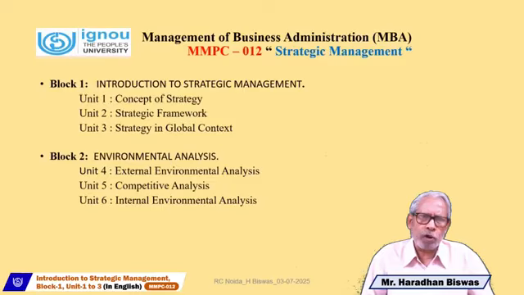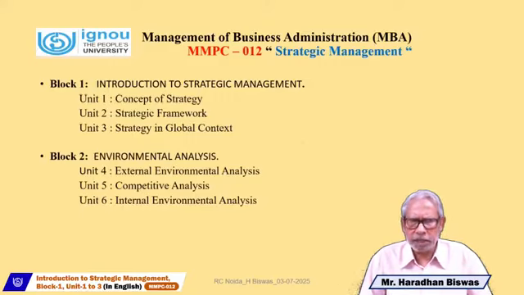Unit number 5 is competitive analysis, where you have to see the competitors in the market and what the market environment is. Based on this, you can develop your company in competitive markets. So unit number 5 is important in the present scenario. Then unit number 6 is internal environmental analysis.